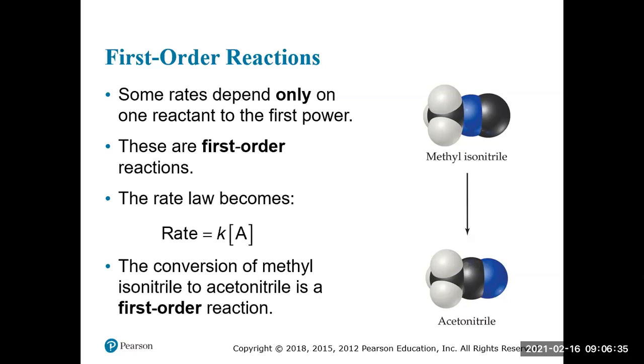So when the rate is equal to simply the rate constant times the concentration of one of the reactants, that's considered a first order reaction. In this case, it would be first order with respect to the concentration of A.